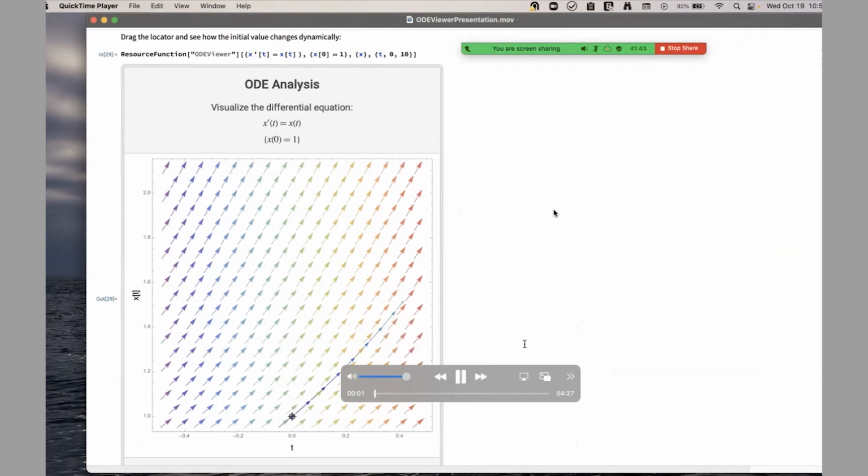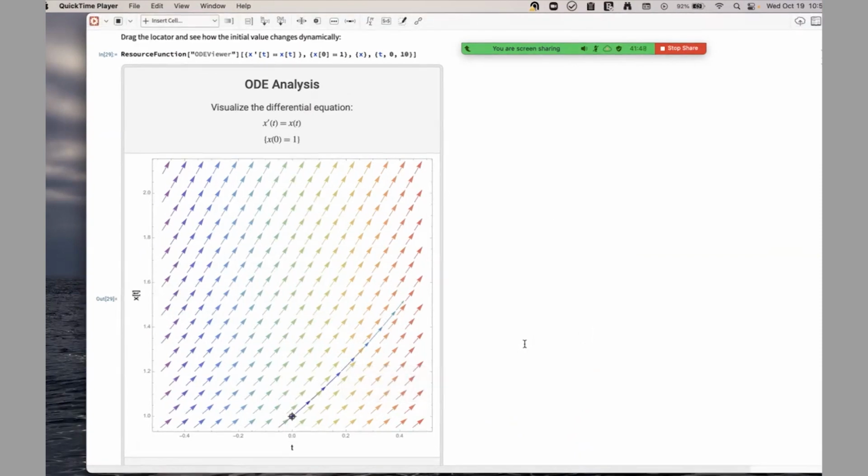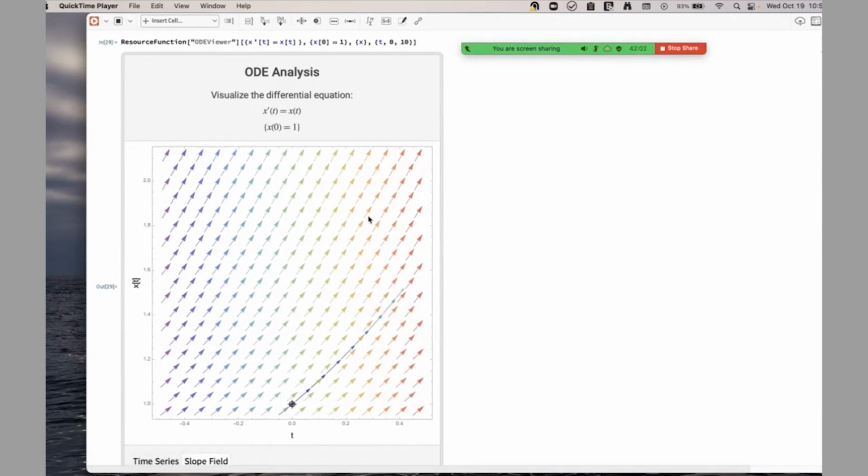Alpha Math team, I showed you the new Wolfram Function Repository function ODEViewer. This function is useful to visualize the behavior of a system of differential equations in a dynamic way. And we can see here the basic usage.